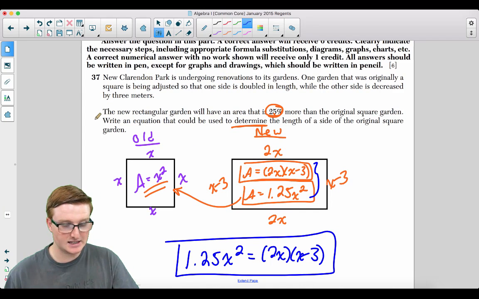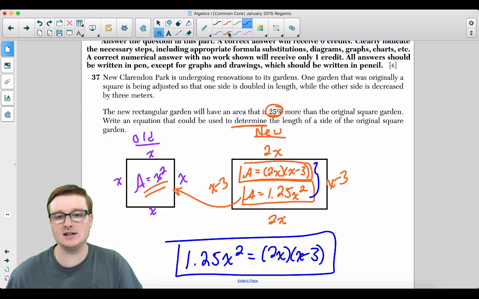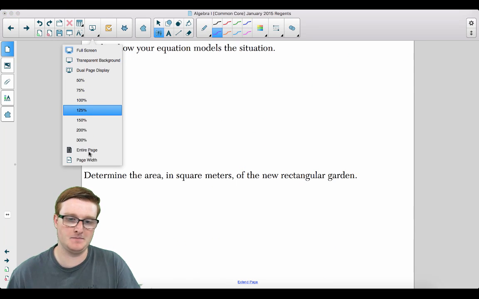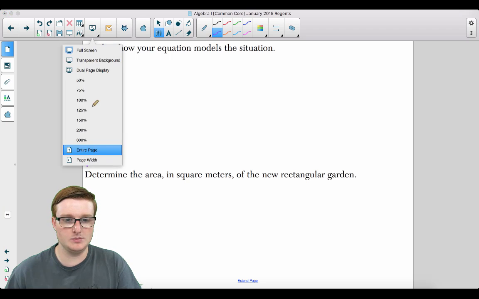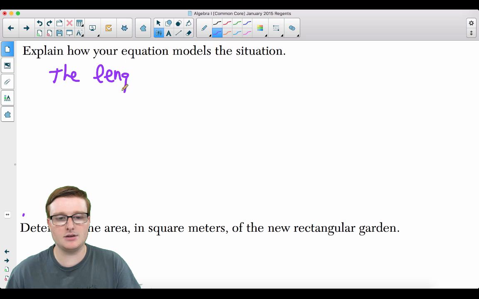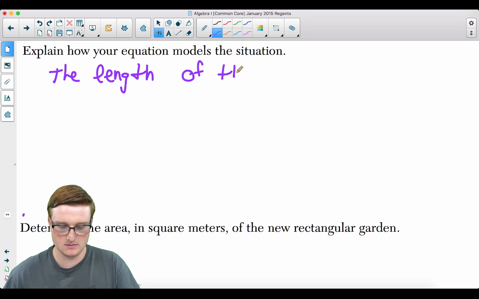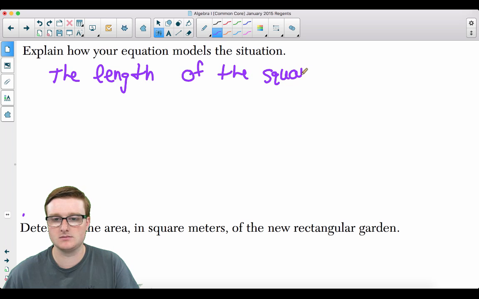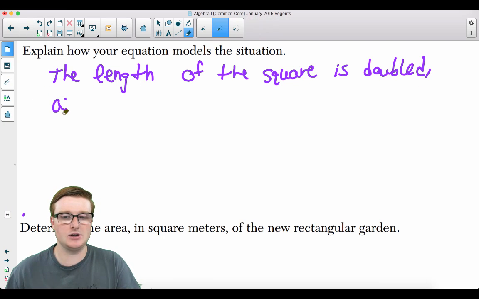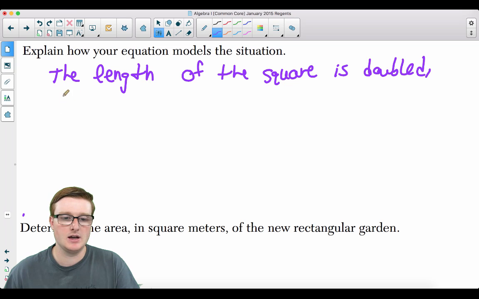Now, it says explain how your equation models this situation. So in our answer, we're going to say that the length of the square is doubled.